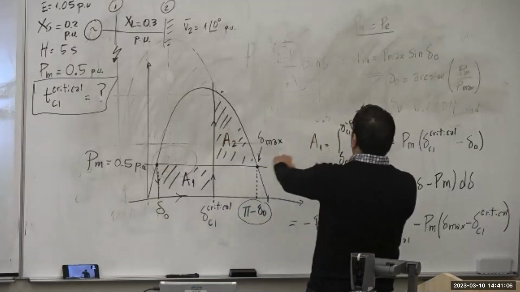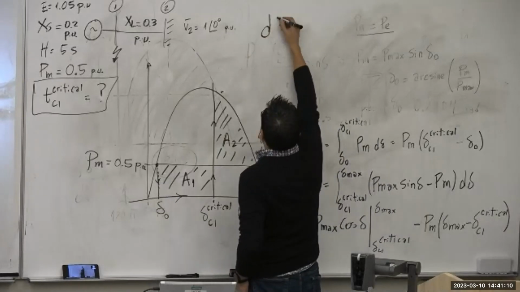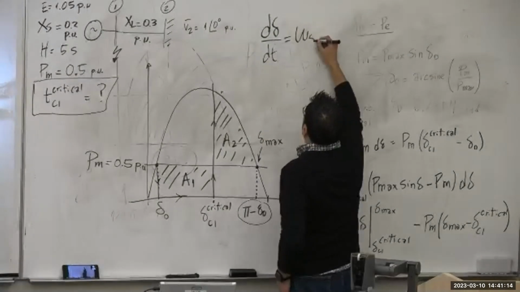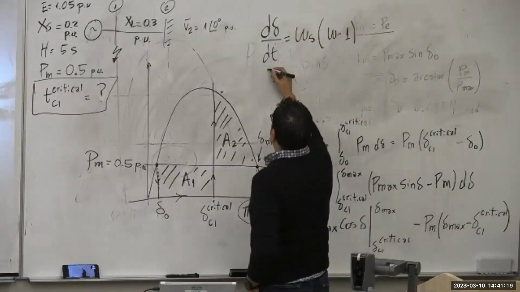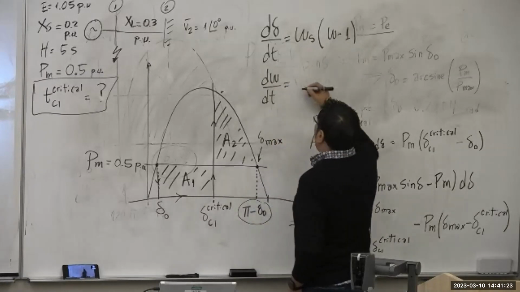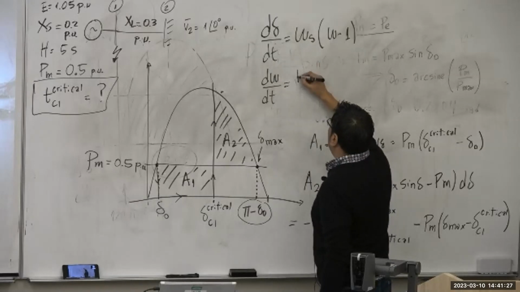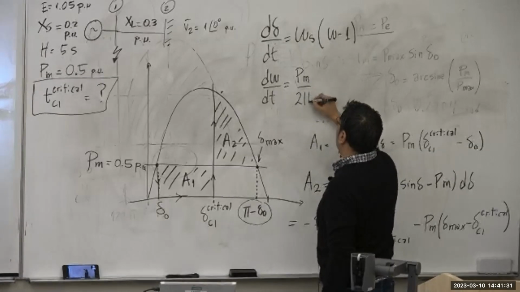So here, what we have is the two differential equations. This is one, and the equation for speed is going to be just PM over 2H.